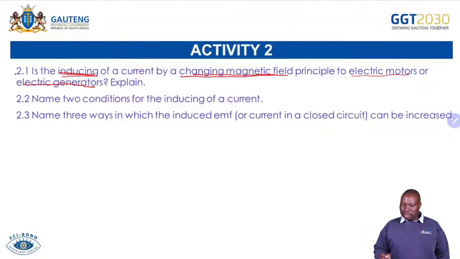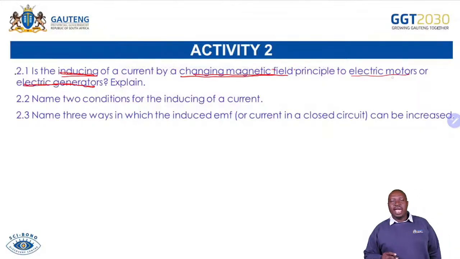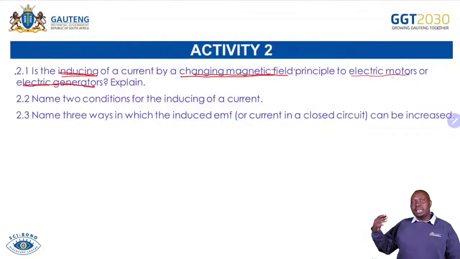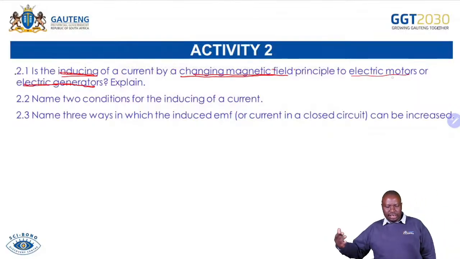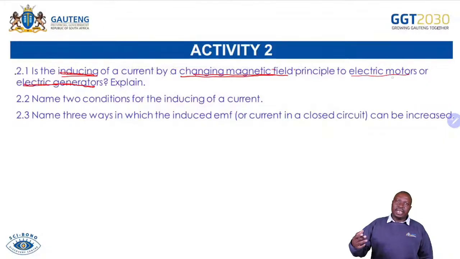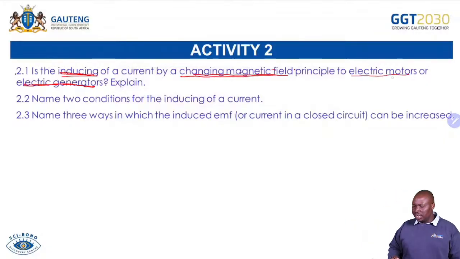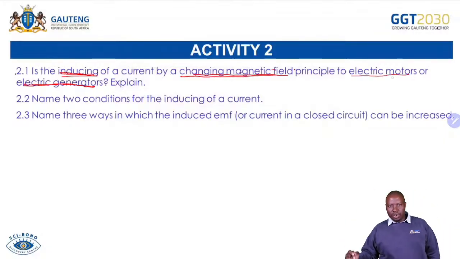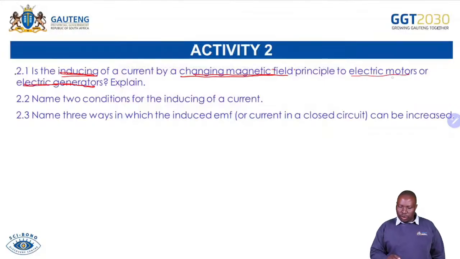So definitely the inducing of a current by changing magnetic field will be an electrical generator, not a motor. A motor does not induce, it converts electrical to mechanical energy, whereas a generator will definitely convert mechanical energy into electrical energy. So that is your explanation.